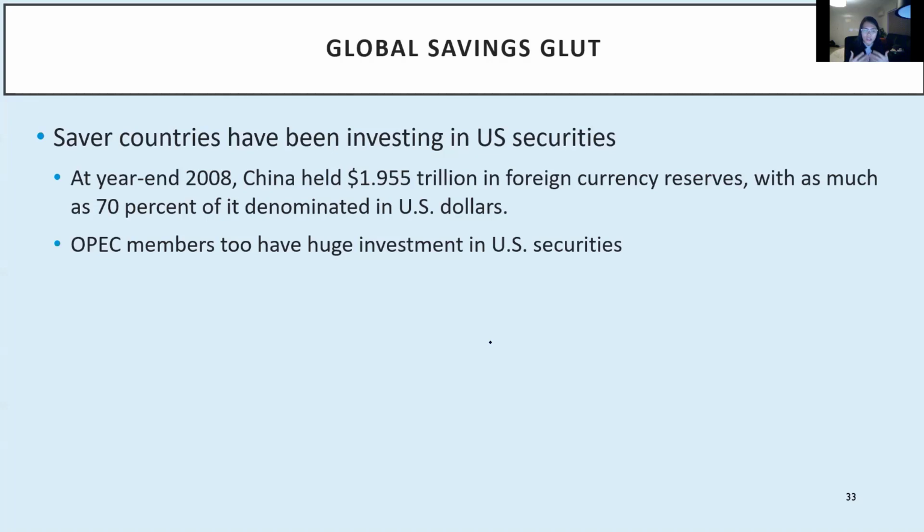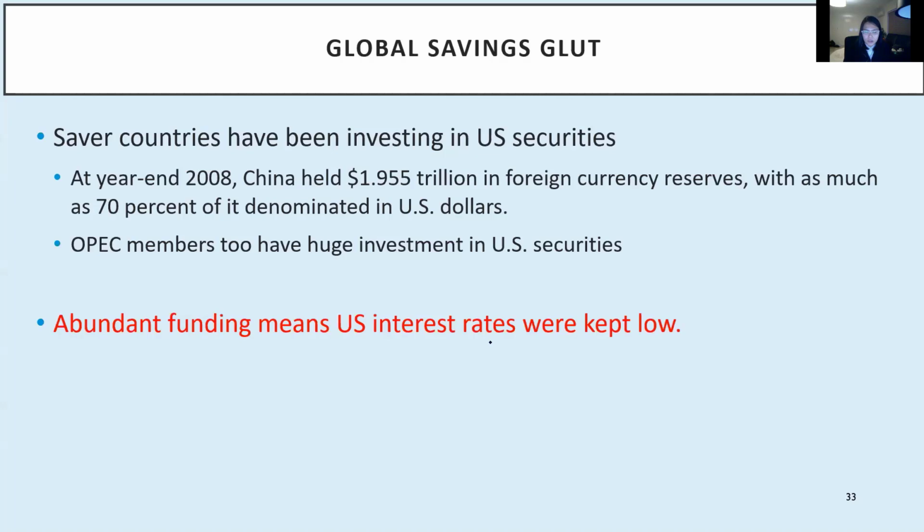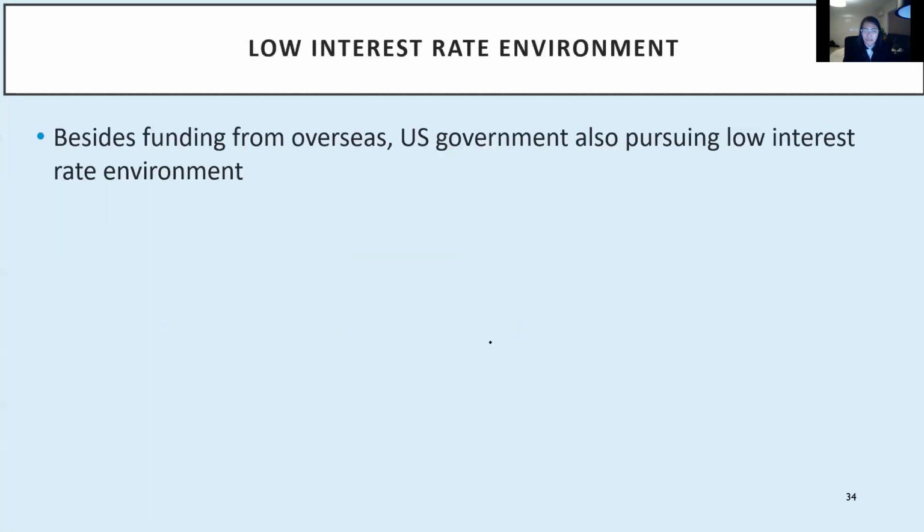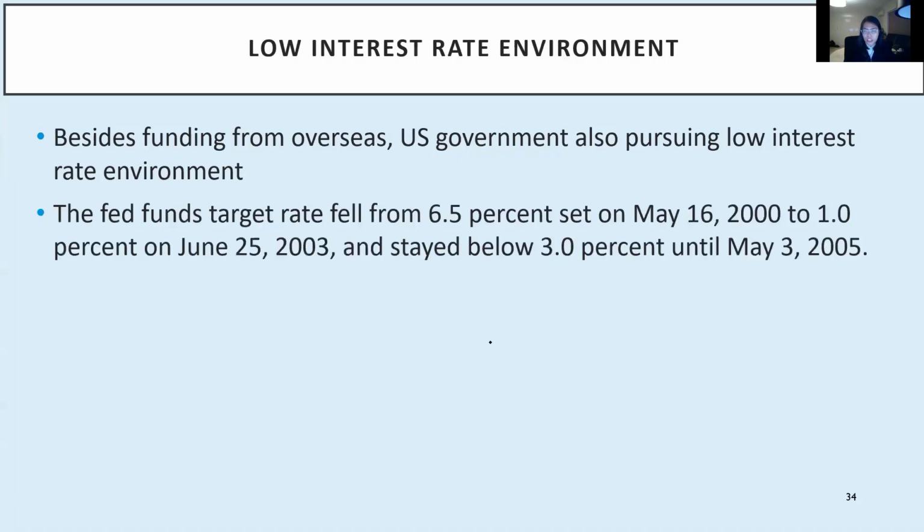As they deposited more money into the banking sector, the banks became desperate to find alternative investment opportunities. So the end result was that there was a lot of funding flowing into the US, making US interest rates very low. At the same time, the US government at that time also encouraged a low interest rate environment.